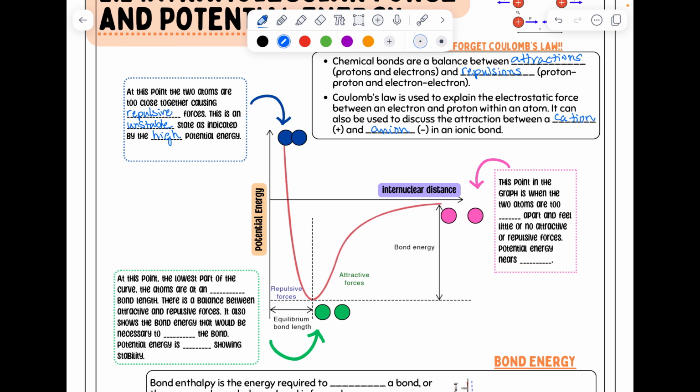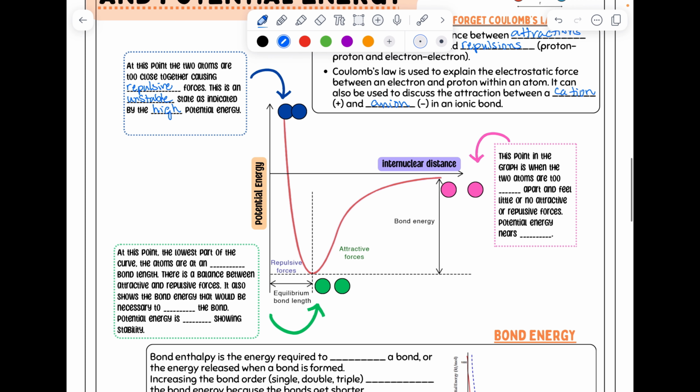So remember that. Let's look over here at this point of the graph, at this little dip. And this is our sweet spot on our graph. At this point, the lowest part of the curve, the atoms are at an ideal bond length. There is a balance between the attractive and repulsive forces.